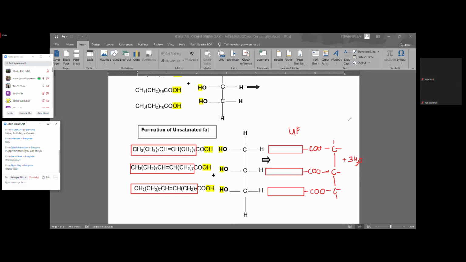It's quite clear, huh? All right? How an unsaturated fat is formed and how a saturated fat is formed. Again, 3 molecules of this fatty acid combined with 1 molecule of glycerol. Understand? Those who do bio, they don't show how this is formed, they just show the molecule of fat, whether it's saturated or unsaturated.